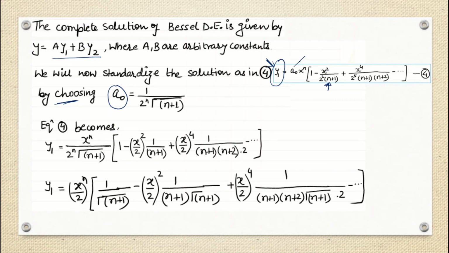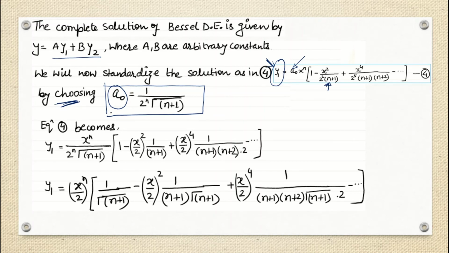A0 is actually chosen as 1 by 2 to the power n gamma n plus 1. Okay, this is something you need to know. This a0 is 1 by 2 to the power n gamma n plus 1. Fine. So if we write this here, that will lead to standardizing this equation.